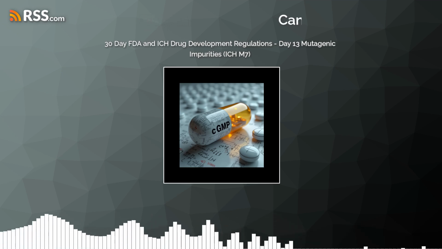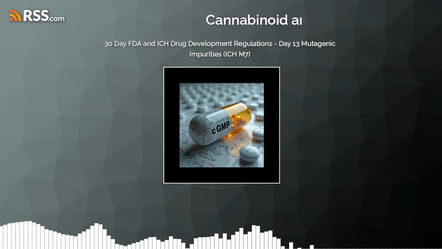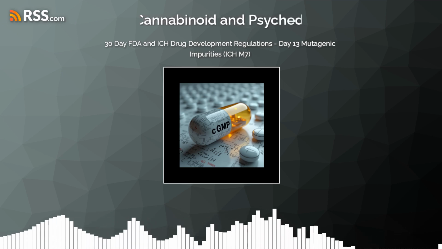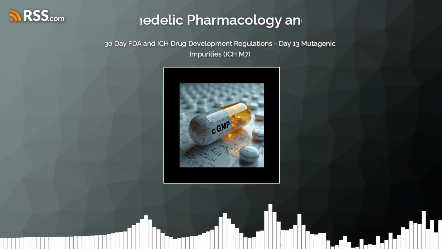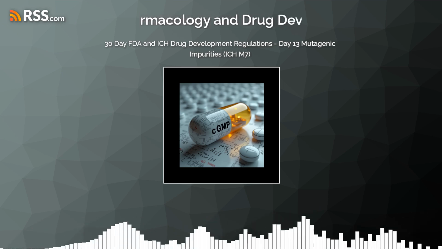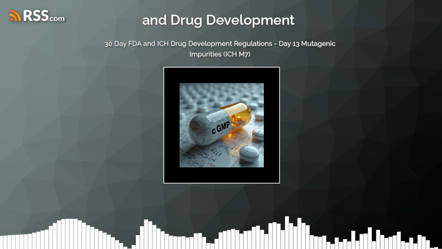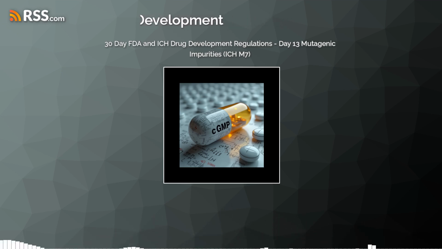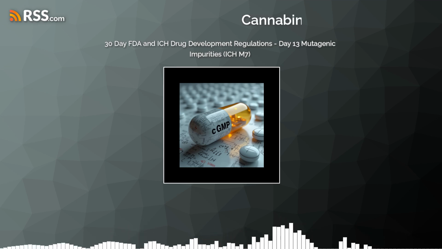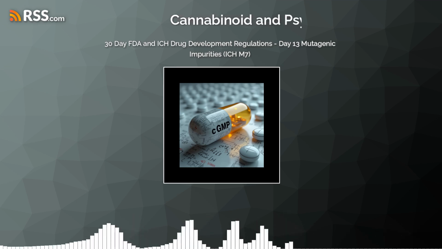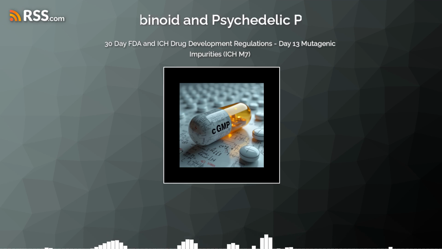I'm starting to see how these seemingly small details can have a big impact on the overall safety and effectiveness of the drug. They absolutely do. And that's why GMP compliance is so crucial. It's about creating this culture of quality that permeates every aspect of drug development, ensuring that patient safety is always the top priority.